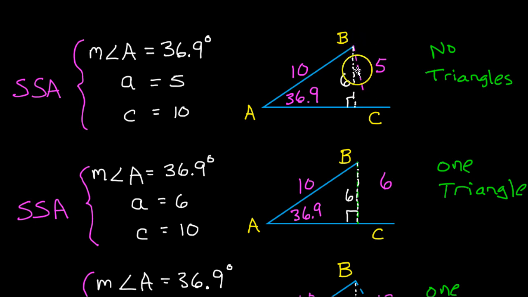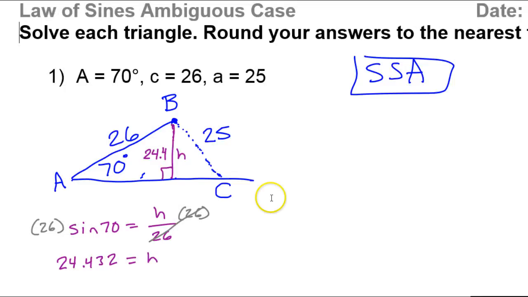When this temporary side, the unknown side, the side that we think of as being on a hinge, is too short to reach the ground, you can't make a triangle. So, is this long enough to reach the ground? Well, yes. The height is 24.4, and side A is 25. That's longer. So it will reach the ground.